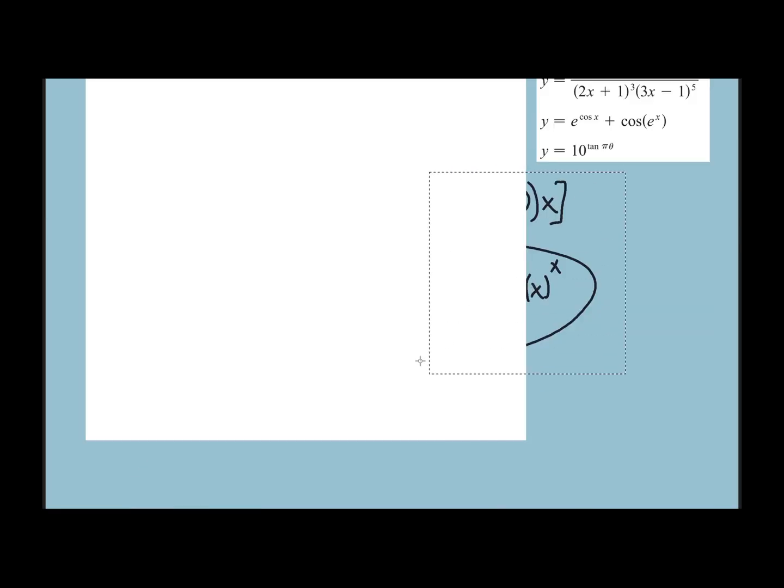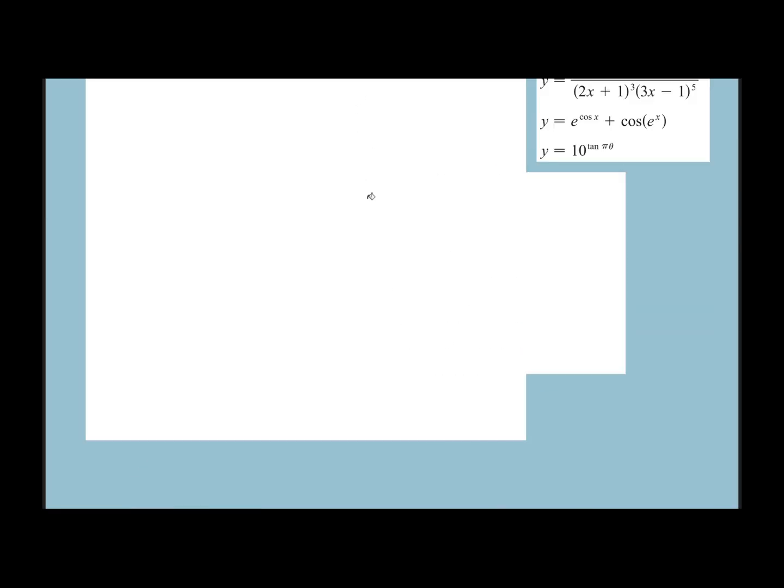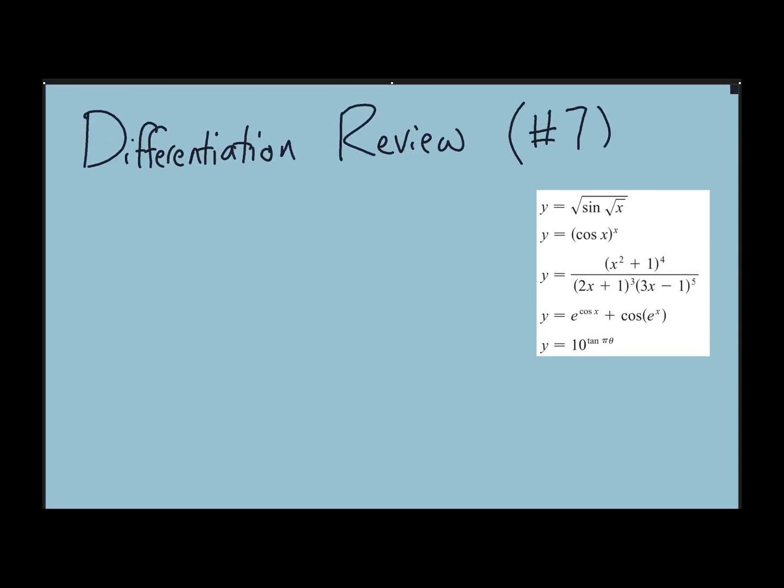Let's see. Now let's move on to number 3. I do not like the way number 3 looks, but I think I have a trick for you. See this ugliness? You see this ugliness? I'm going to show you something cool. Let's take the natural log of this. And I could write it as ln of this whole thing, like that, like this.